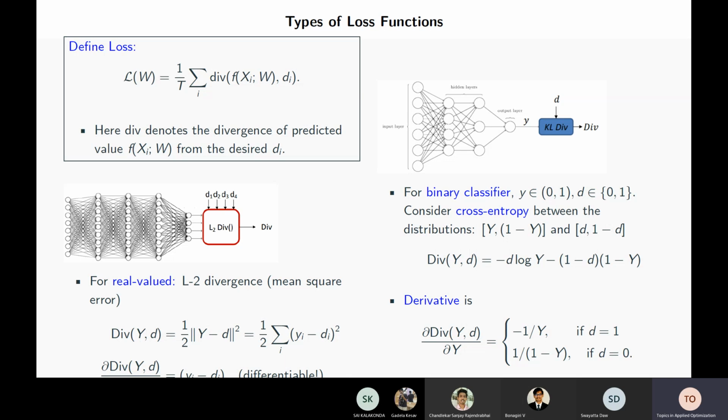It will obviously depend on d, because d is either 0 or 1. If d is 0, then the first term goes away and you only focus on the other term, and if d is 1, then this term goes away and you only focus here.